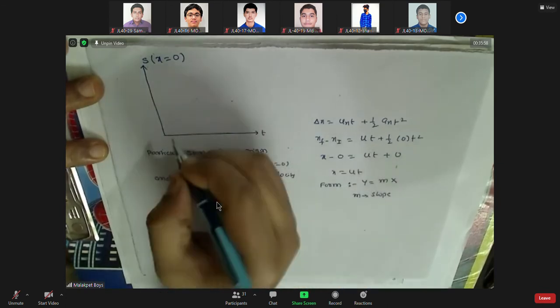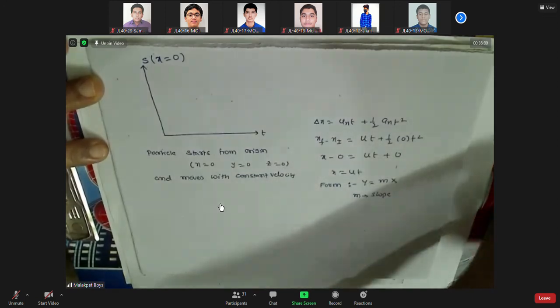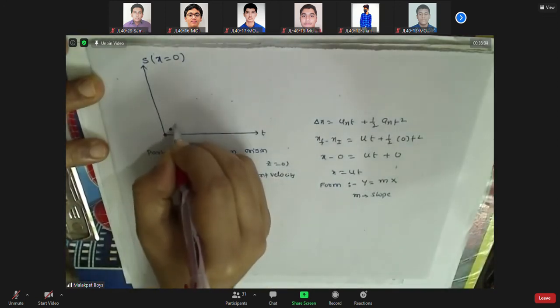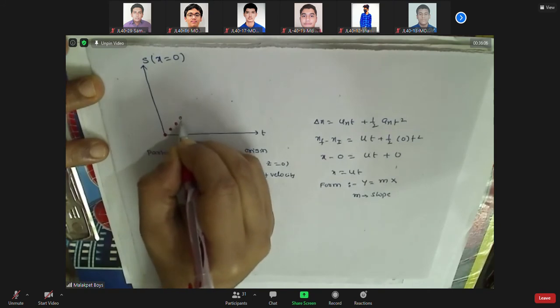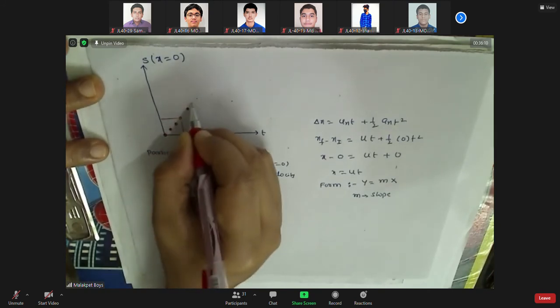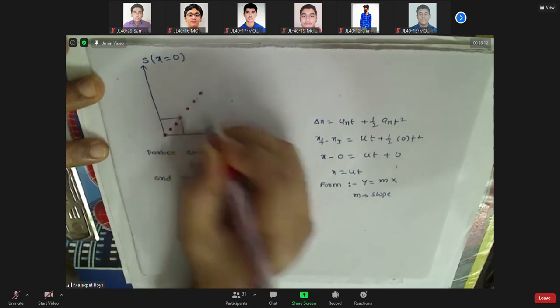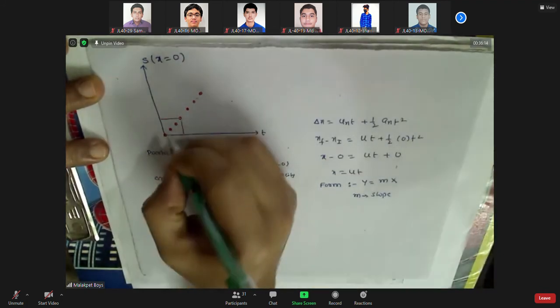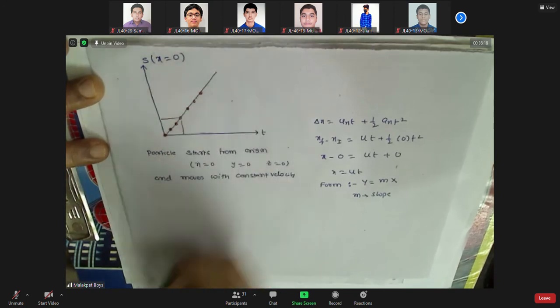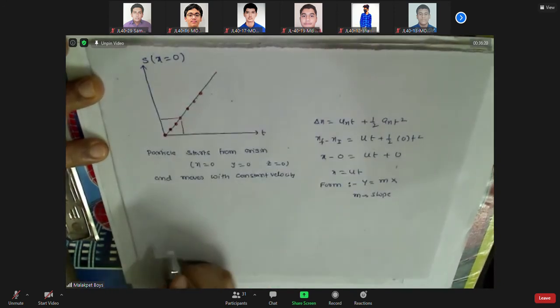So here, what is this? If you plot the x coordinate of this at t, and at some other time this is the x coordinate, you join this. Followed.